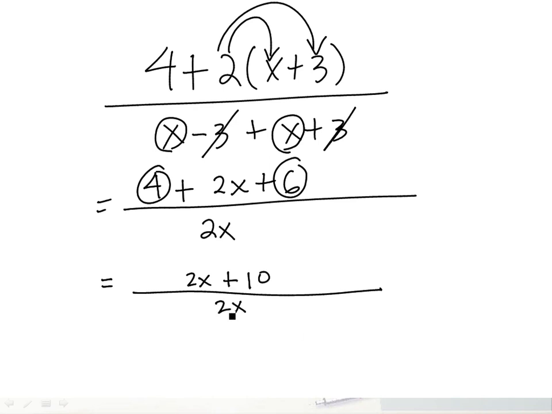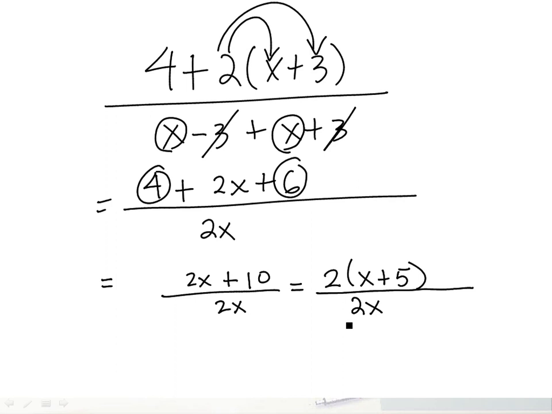I know it's tempting, but you cannot cancel this 2x with this 2x. You cannot cancel terms with terms. You must factor to cancel factors with factors. So let's factor this. I notice that 2 can come out, and that leaves me with x plus 5 over 2x.